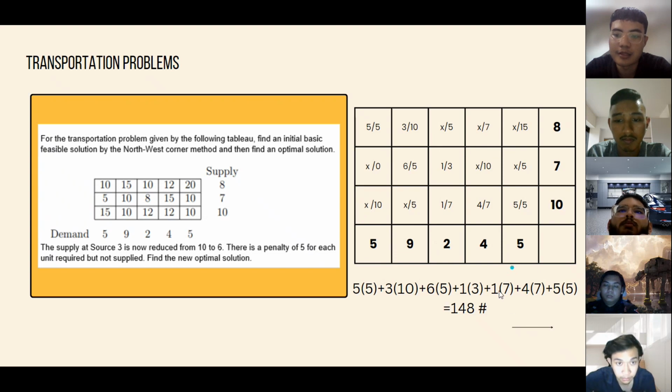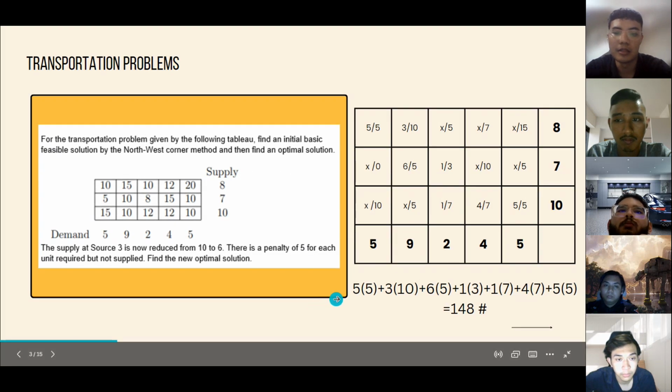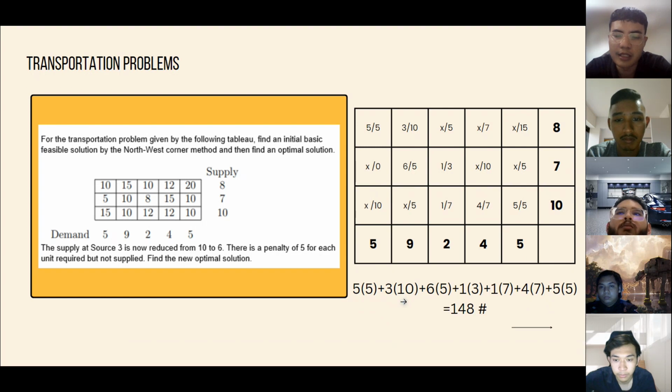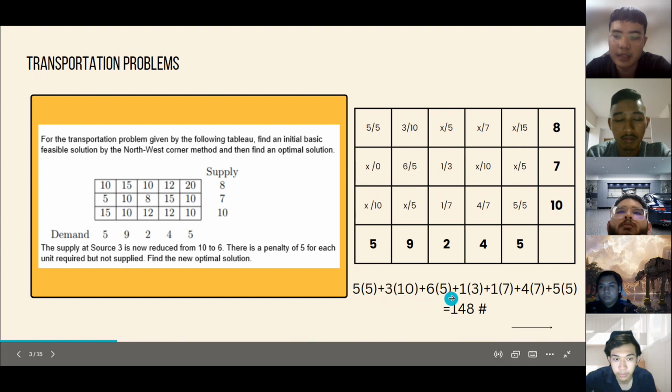Then we get the answer. We add it all: 5 times 5 plus 3 times 8 plus 6 times 5 plus 1 times 3 plus 1 times 7 plus 4 times 7 plus 5 times 5, and we get the answer 148.